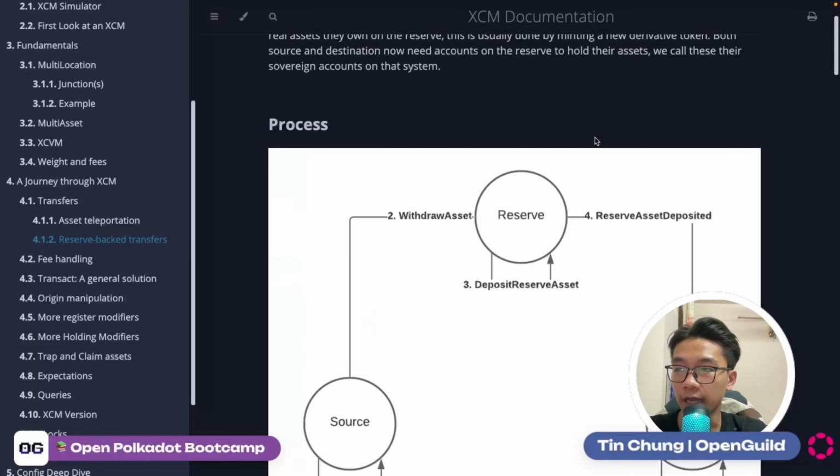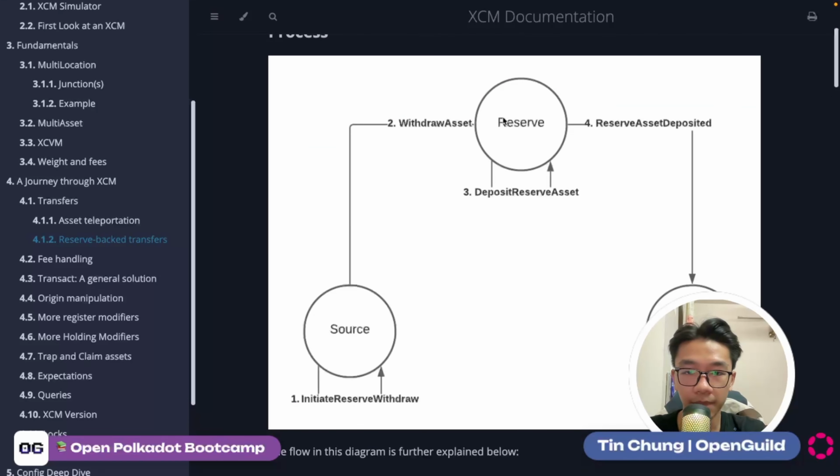What they have to do is, on this reserve chain, both the source chain and the destination chain have to register an account on the reserve blockchain. Then the source chain is gonna have a derivative token, backed by the real asset that actually exists on the reserve chain, and the destination is gonna have a derivative token backed by the asset on the reserve chain as well.